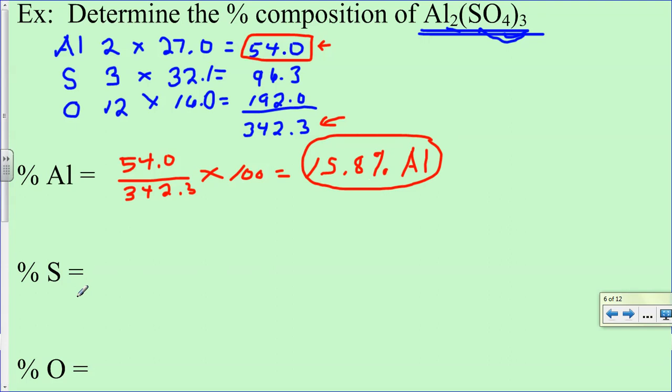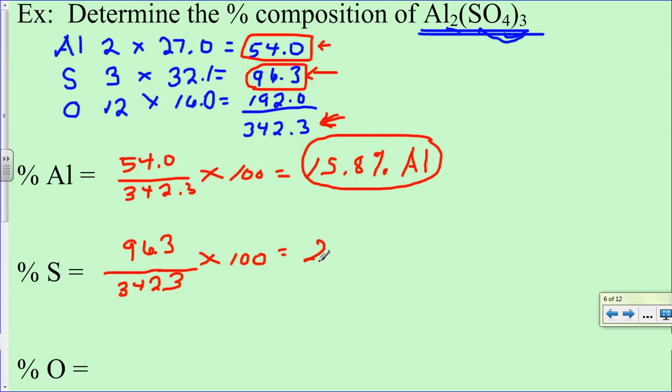So let's determine percent sulfur. You want to take 96.3, the total amount of sulfur, divided by the total mass of the compound. Remember to write times 100. And this comes out to be 28.1% sulfur.